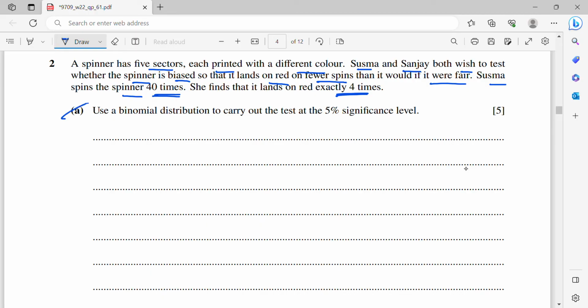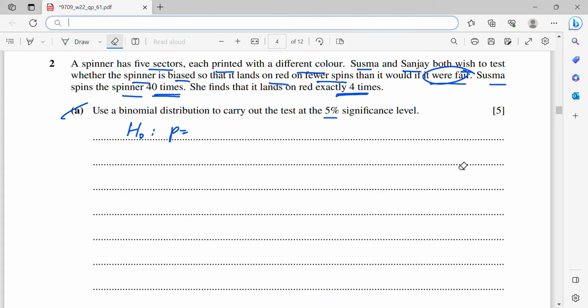Part A, use a binomial distribution to carry out the test at the 5% significance level. So our H0 for the binomial hypothesis, since this is fair, will be p equals a half, 0.5. And now we are testing whether it's not 0.5.